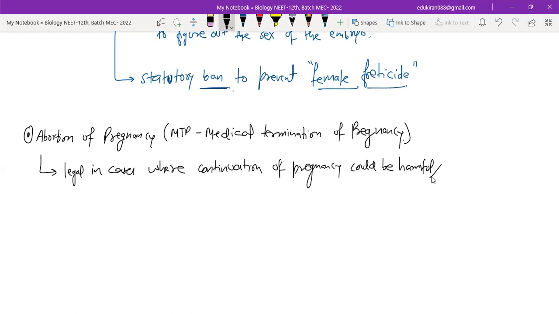You know what we mean by fatal? It will result in death. Yes. Fatal to the mother or the fetus or both. But this is decided by the medical professionals.